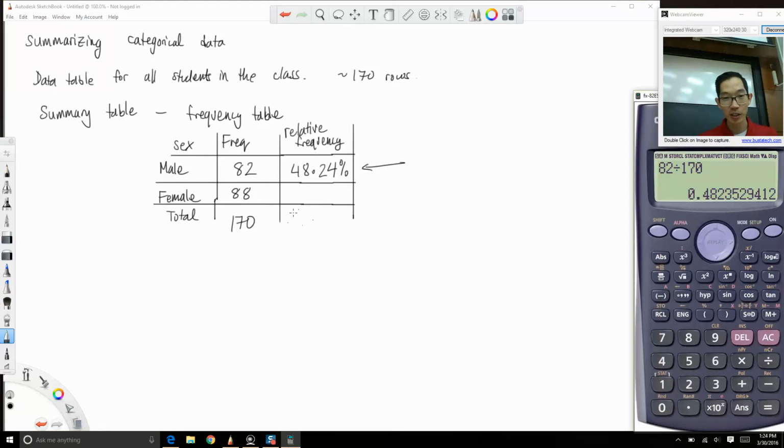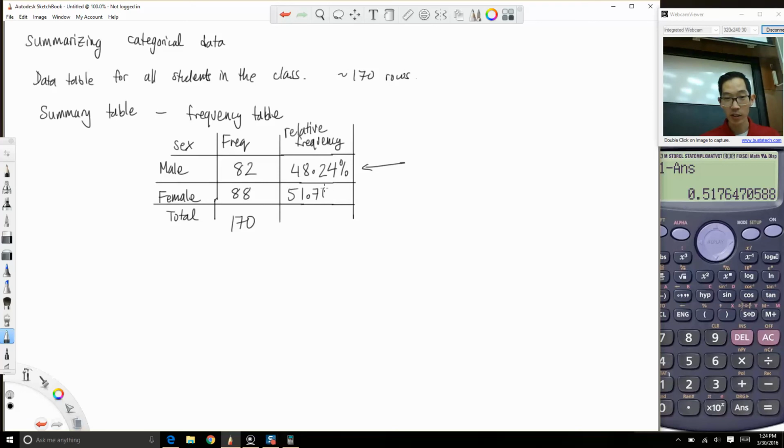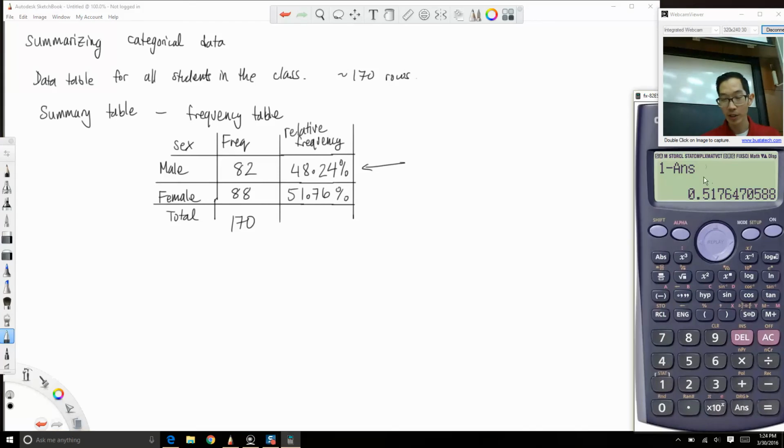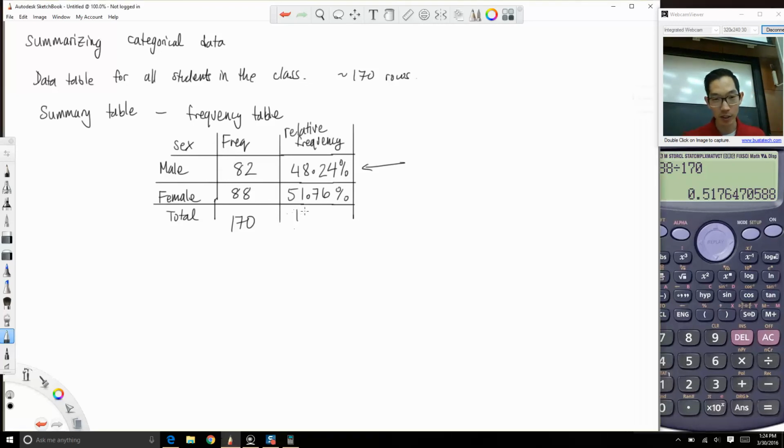Which means the rest has to be 1 minus that, 0.5176, or 51.76%. Or, if you don't believe in things adding up, you can do 88 divided by 170 yourself, and you'll get the exact same answer. Of course, everything adds up to 100%.